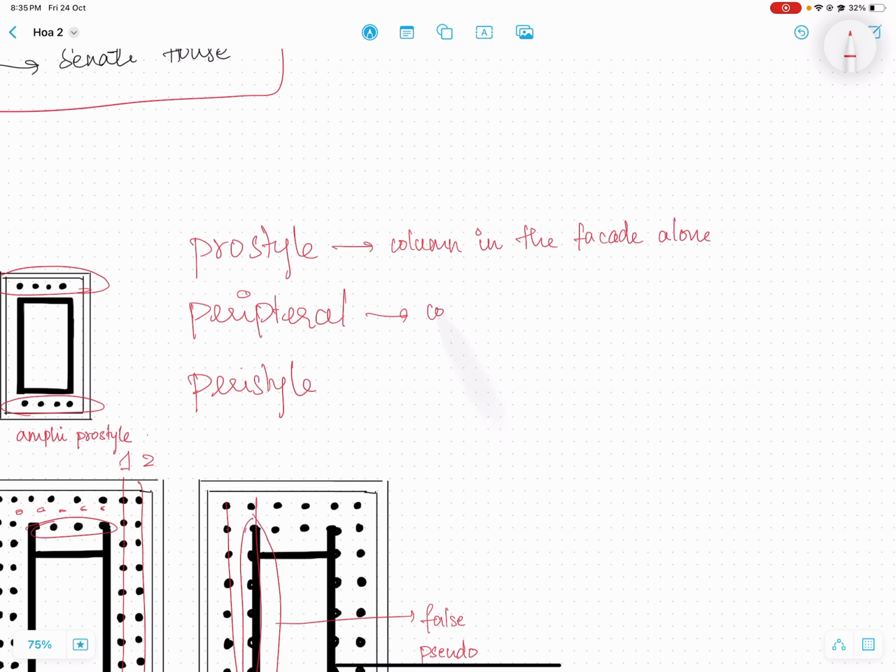Peripteral is columns along the perimeter of the buildings. While peristyle generally means a row of columns.